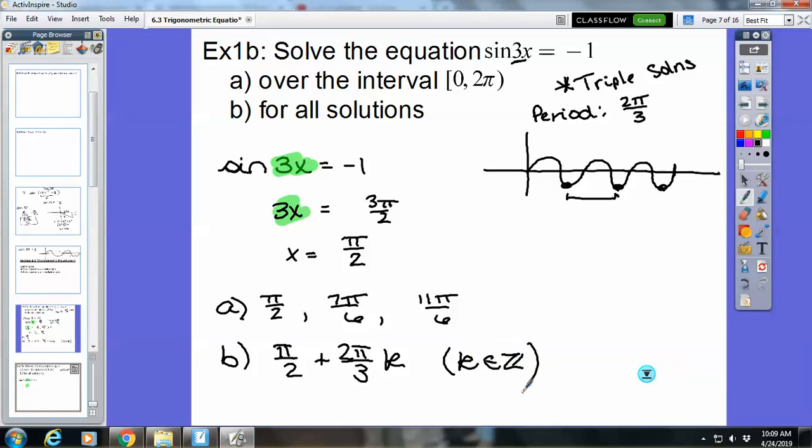So basically every time you add or subtract 2 pi over 3, you've gotten all the way around the circle, you are back to where you started. Because if you add 2 pi over 3, it gives you this. So it would just be repetitive. Wouldn't really be wrong, just not needed.